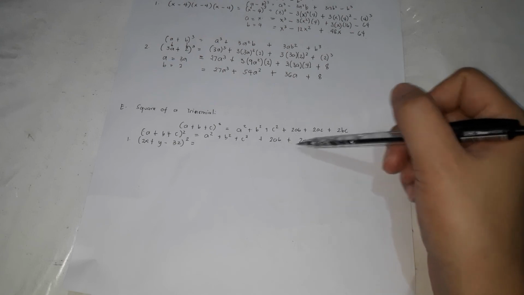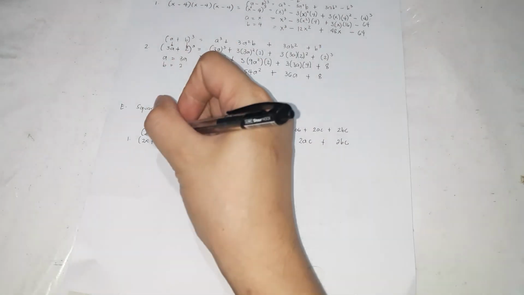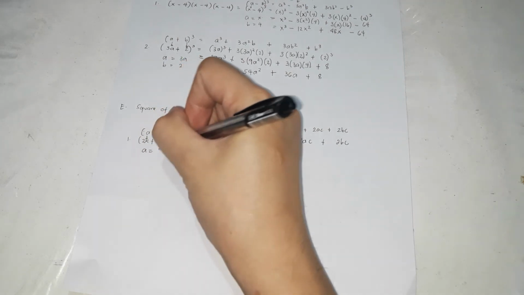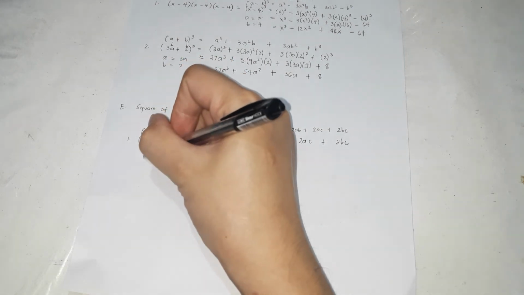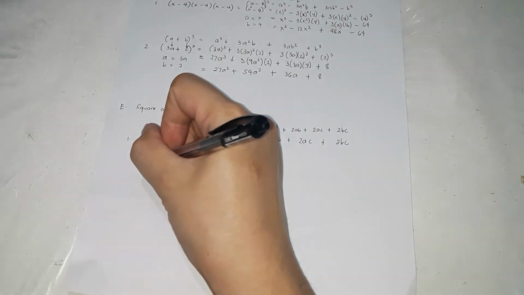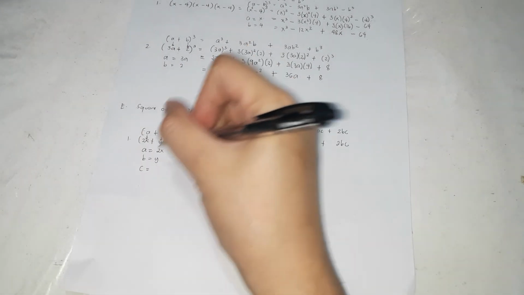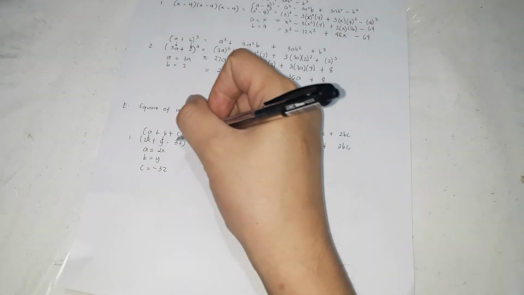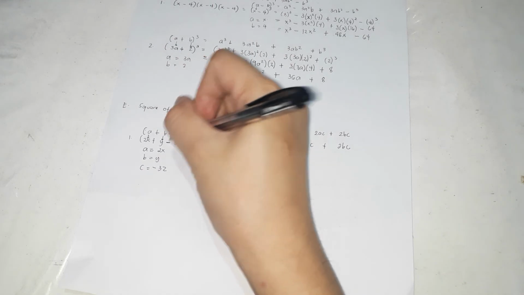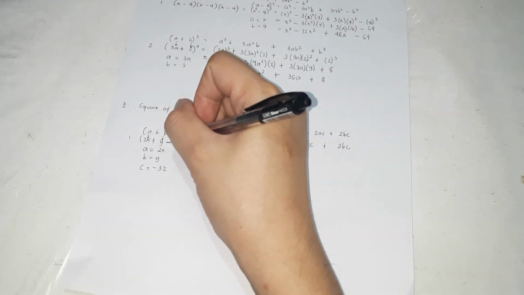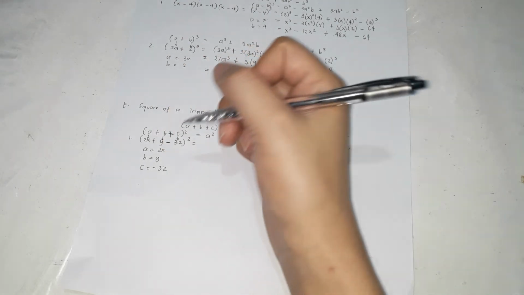They can be interchanged. So next, what you're going to do is identify a. a is 2x, b is y, c is negative 3z. It's negative because here it's plus, here it's minus. So carry the negative.